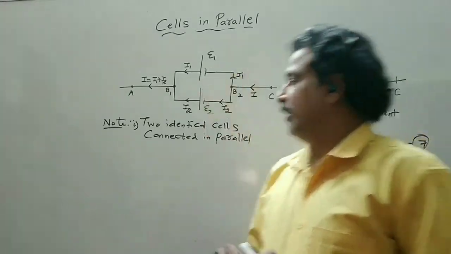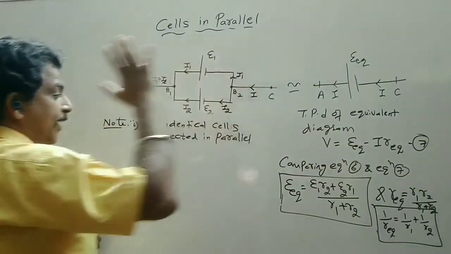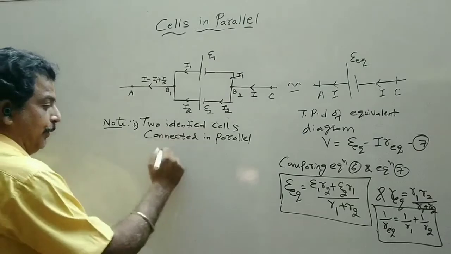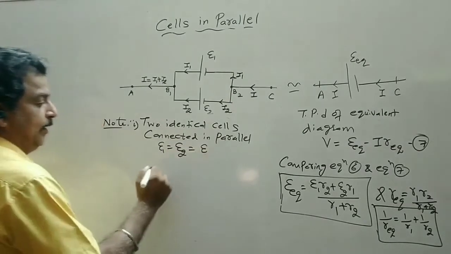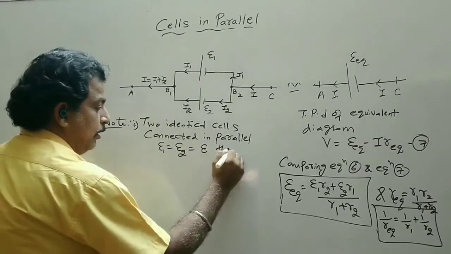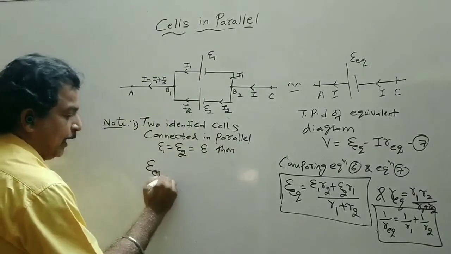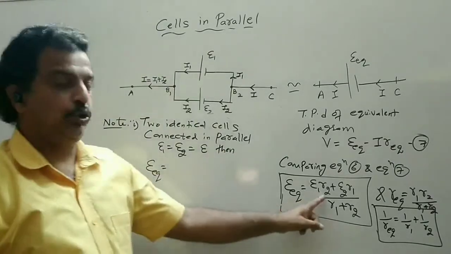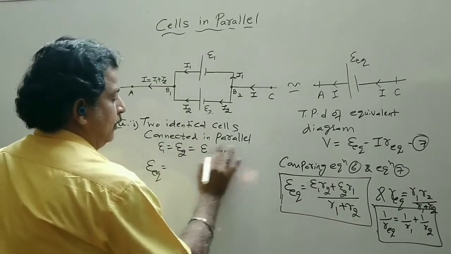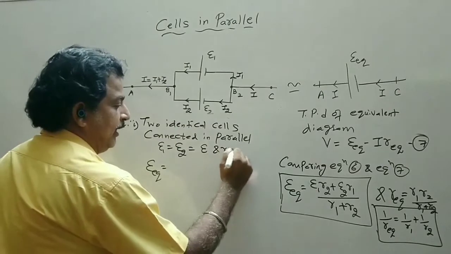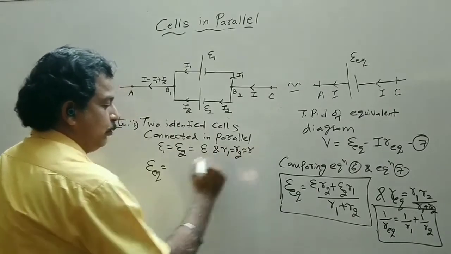Let us check what happens if both the cells are identical. So E1 is equal to E2 is equal to E. Then E equivalent can be written as, now if I substitute this, R1 is also equal to R2 is equal to R.